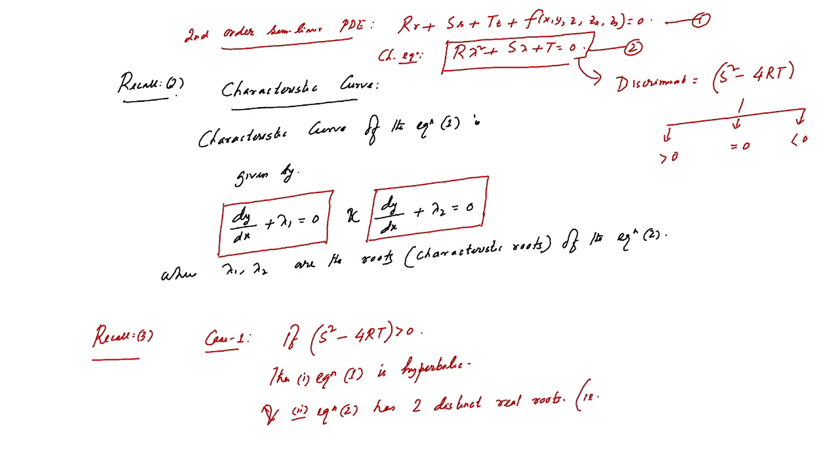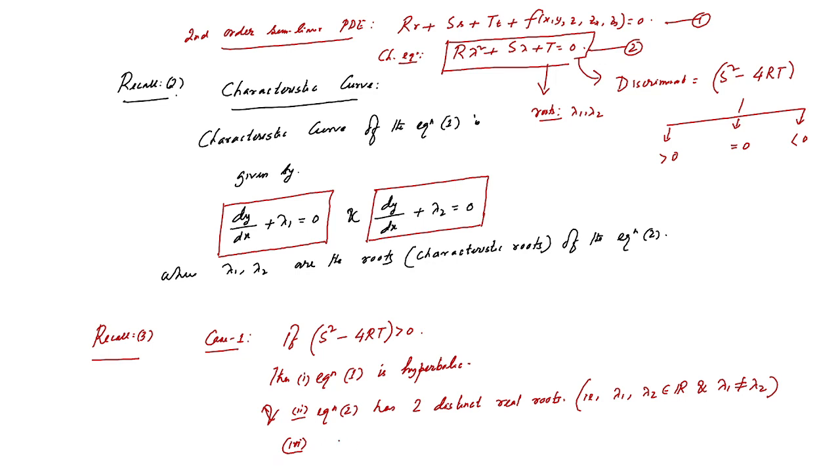That means lambda 1, lambda 2 are the roots of this equation. These are characteristic roots. So lambda 1, lambda 2 both are real numbers, and lambda 1 not equal to lambda 2. And from this we again conclude the third conclusion: the number of characteristic curves is 2.